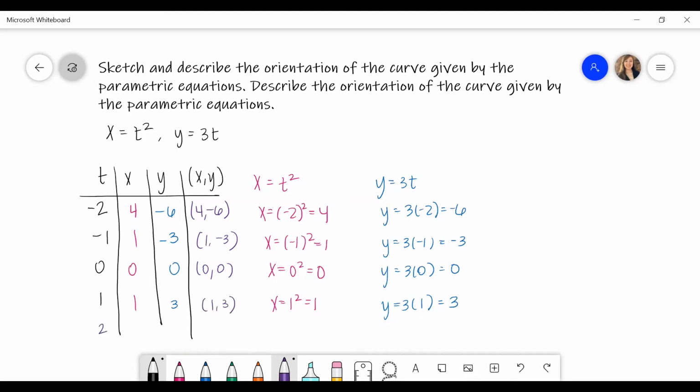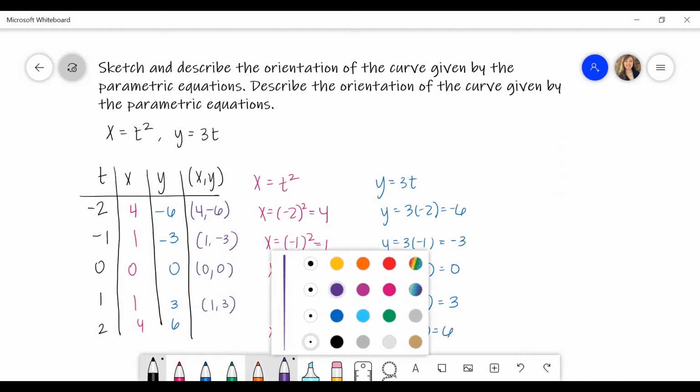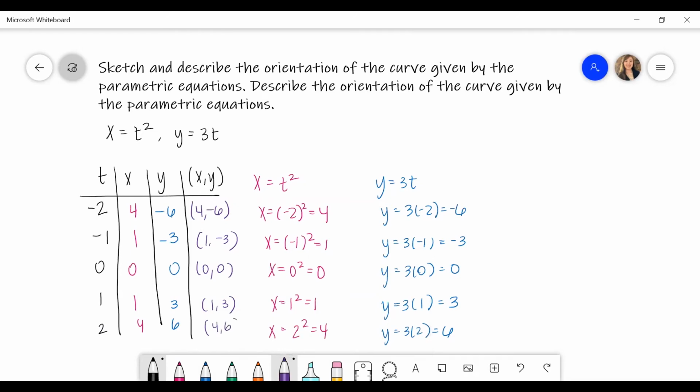And then 2, so we're going to get x is 2 squared, that's 4. And y is 3 times 2, that's 6. 4, 6. Okay. So let's see what these look like.